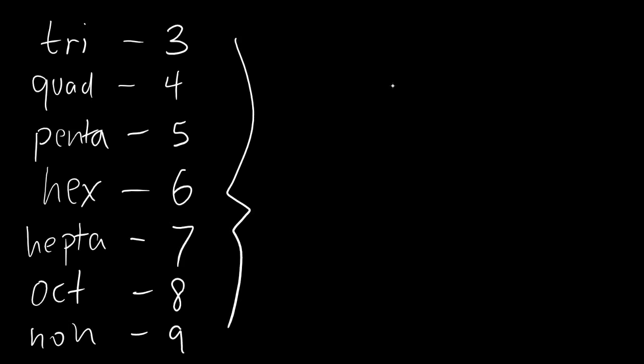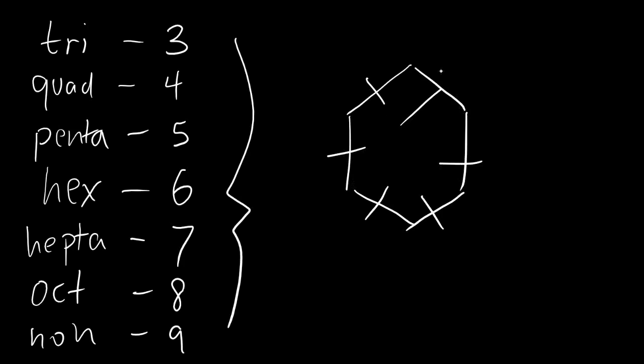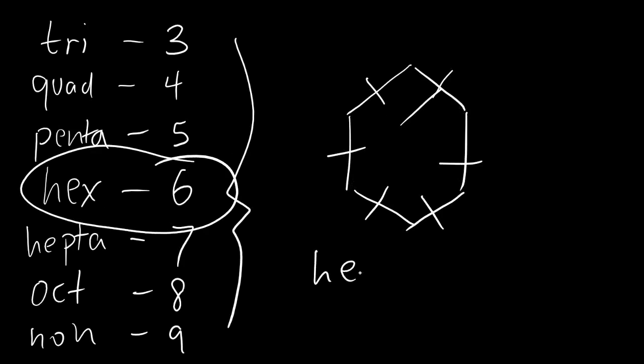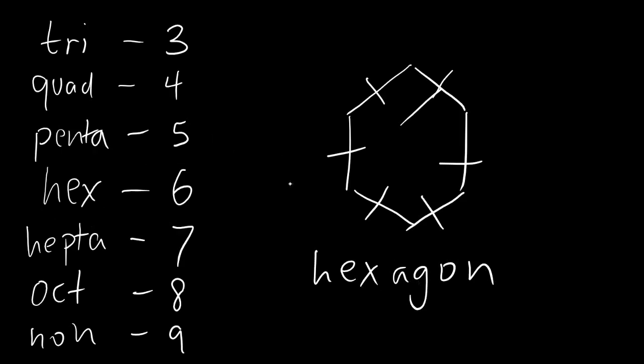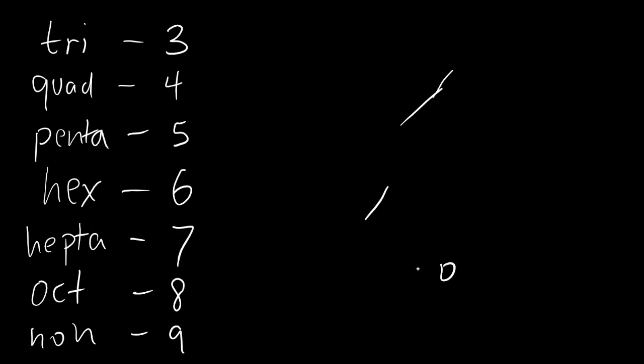So if we see something like this, what shape is that? Well, let's count the sides. 1, 2, 3, 4, 5, 6. So we notice that it has six sides, which means it's a hexagon. So I highly encourage you to write this chart in your notes for further reference on the homework, on the test.